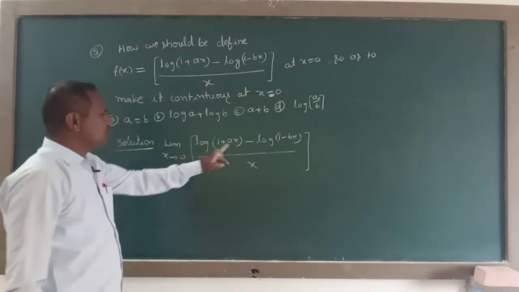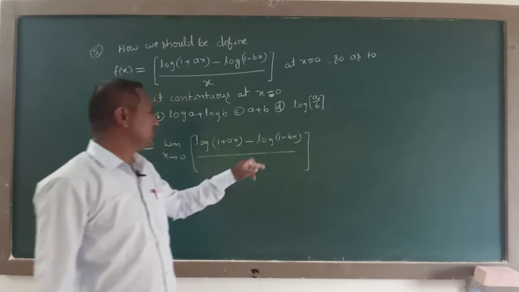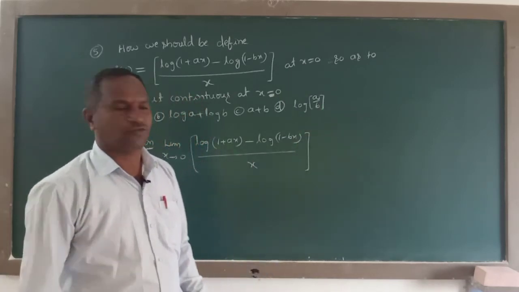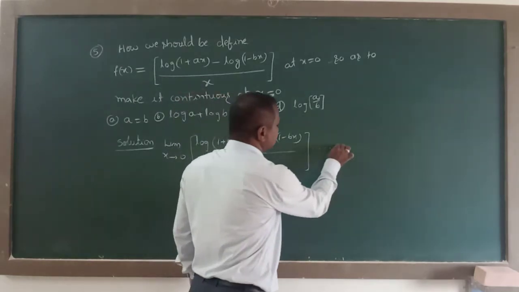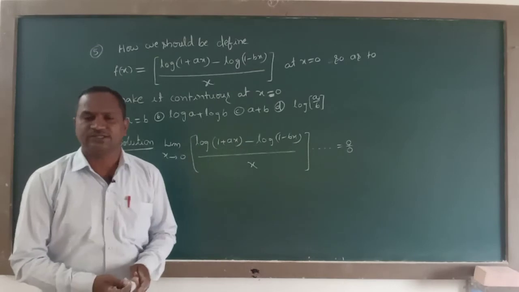See here, by applying 0, log 1 is 0, log 1 is 0, 0 minus 0, 0 by 0. It approaches the 0 by 0 form. But we try to avoid that 0 by 0 form.